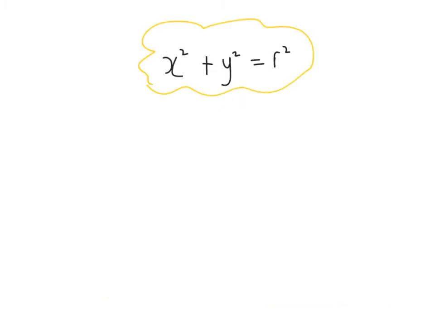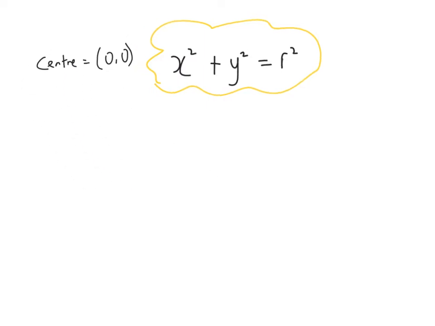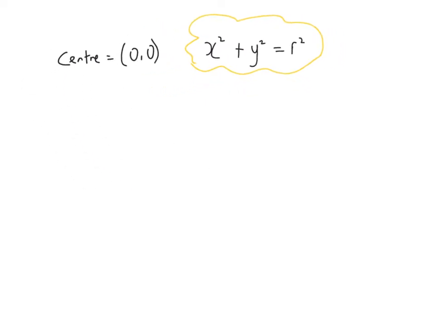Looking again at this one, this is the case where we have the center of the circle equal to 0, 0. So the center of this circle is the origin. Obviously, if I see an equation that looks of this form, straight away I know I can find the radius length.